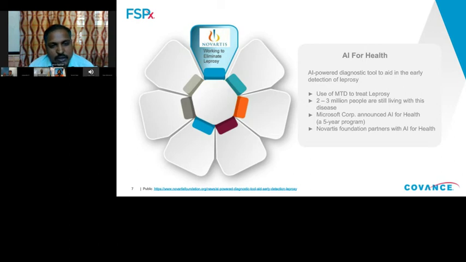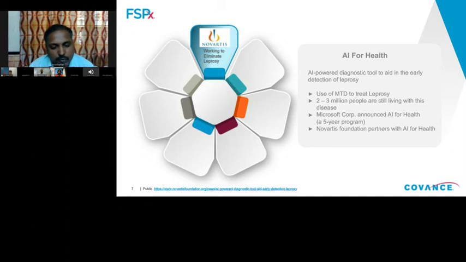So what they are doing is embedding this technology in a mobile app. Any person can take a photo of a skin lesion, since leprosy predominantly has to do with skin lesions. The application will take the photo and send the image through a cloud to the doctors, who can understand the pattern and make sure whether this skin lesion will lead to leprosy or not.